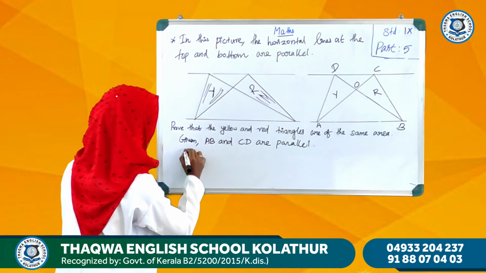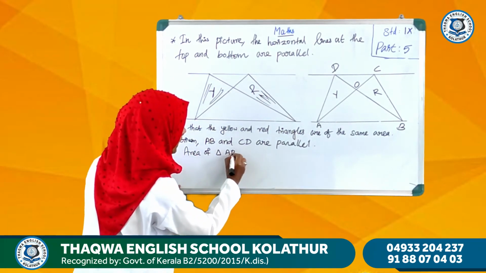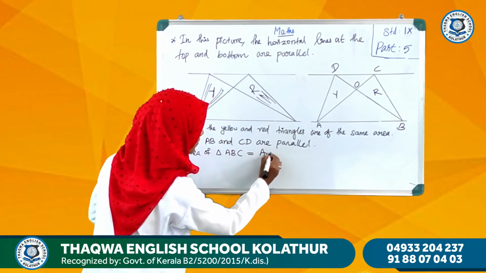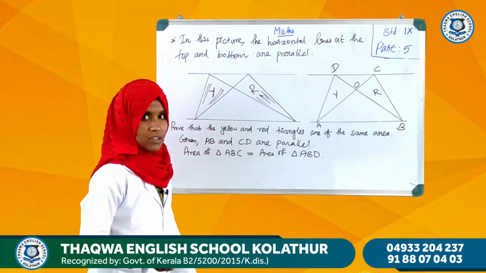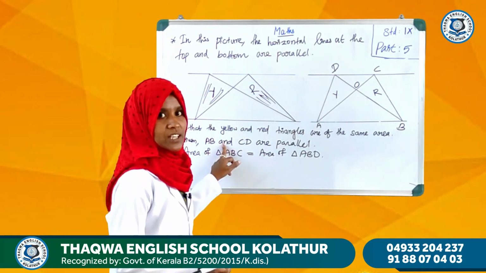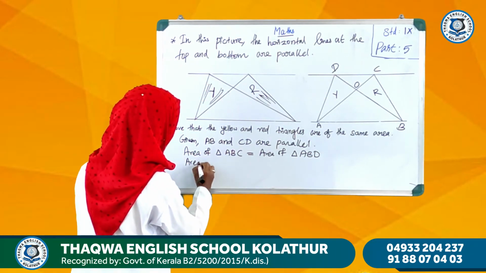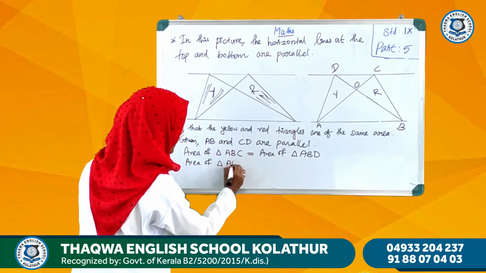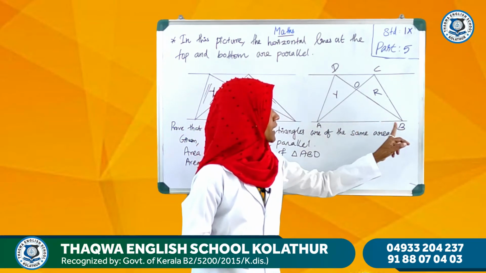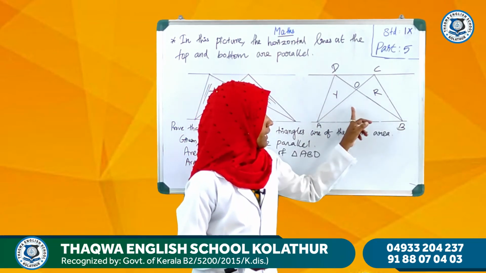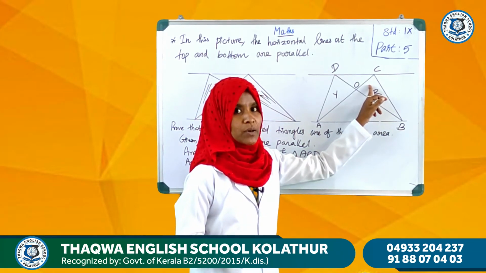Okay. We can write area of triangle ABC equals area of triangle ABD. Why? AB and CD are parallel. Now also we can write, listen, area of triangle ABC equals area of triangle ABO plus area of triangle BOC.